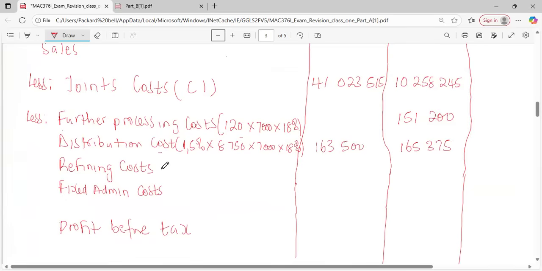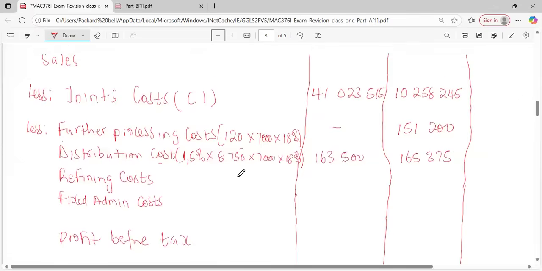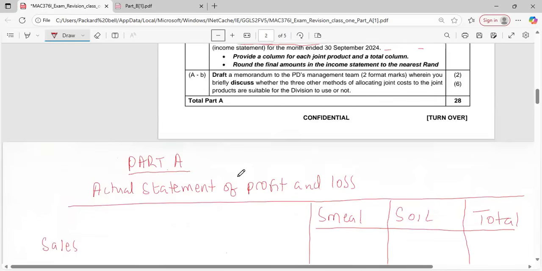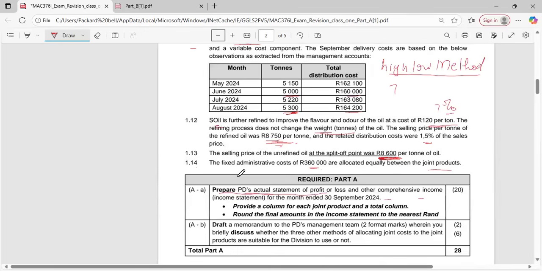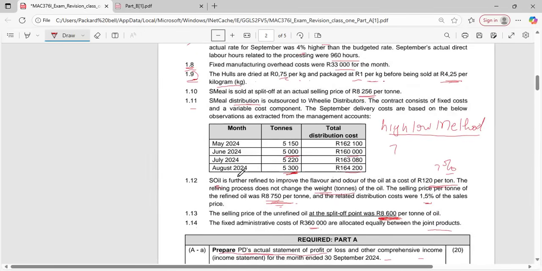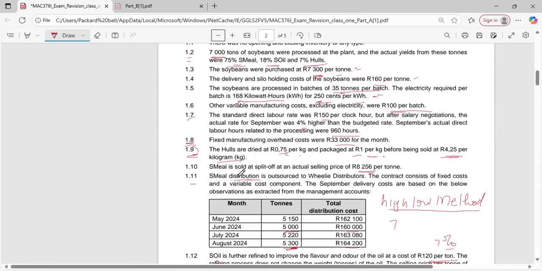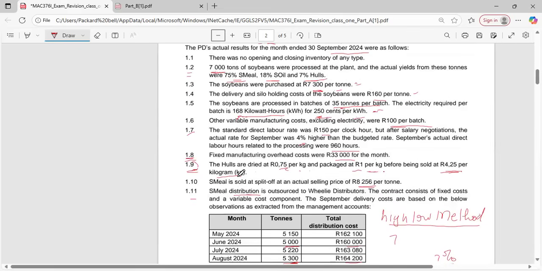Right, then we go to the refining cost. Unless there's anyone who needs clarity, then we go to refining cost. What is going to be our refining cost there? Which number? The refining cost. Is it not this one? Is it the processing cost?